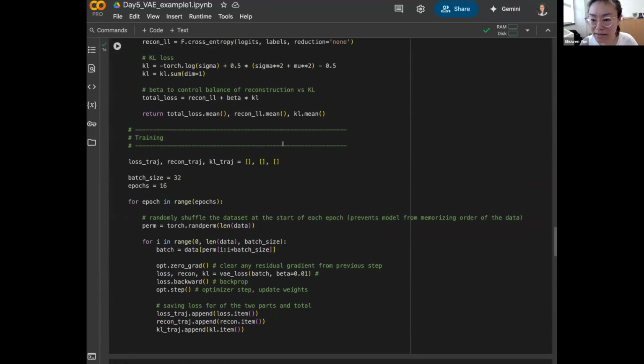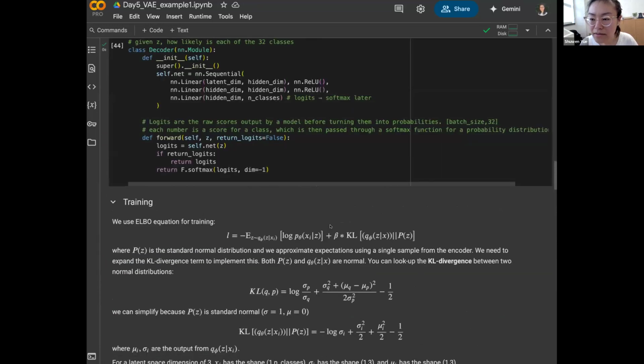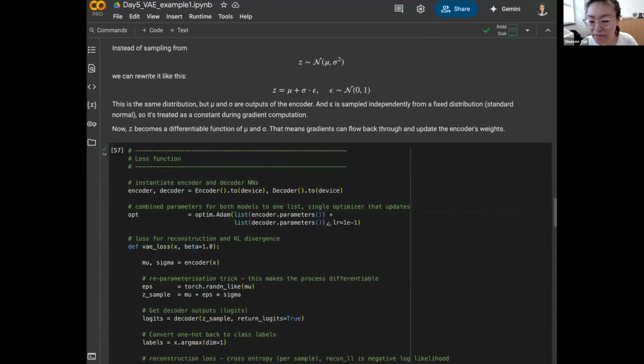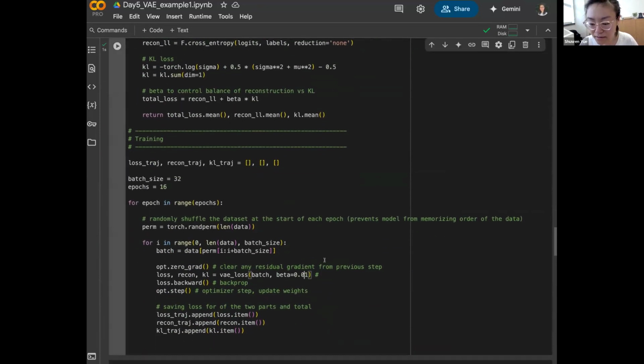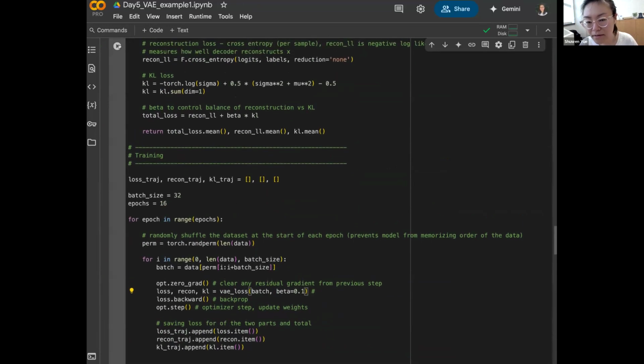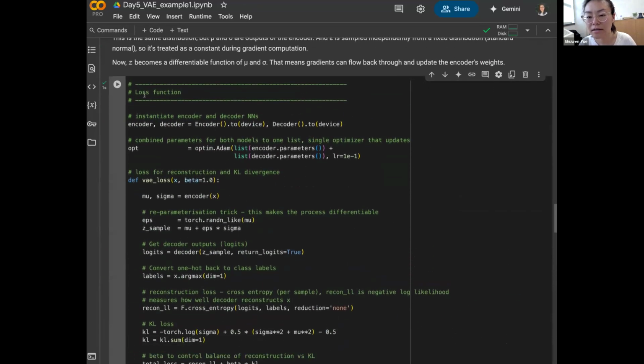We could also make this KL a little bit less strong and see. There you go. Because if the latent space is not learned well, it's not necessarily just about reconstruction.